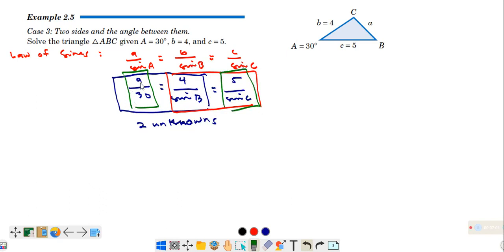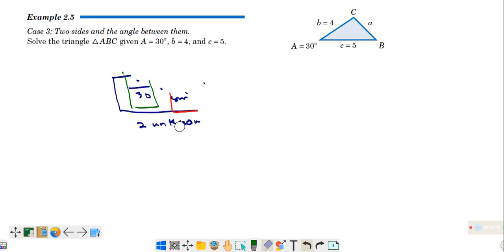So, ang nawawala ay si side A at saka si angle C. Hindi rin siya mag-work. So, if you are going to use law of sines for this particular problem, you will always end up with two unknowns for every pairing. That will make it impossible to find a solution using law of sines.